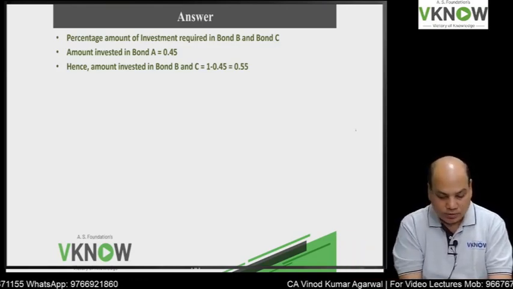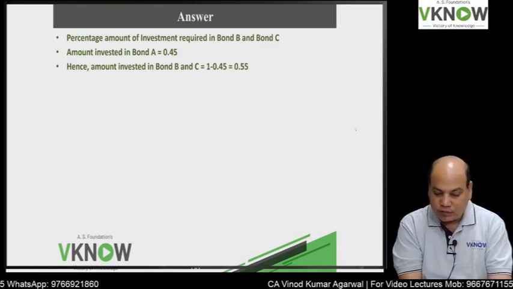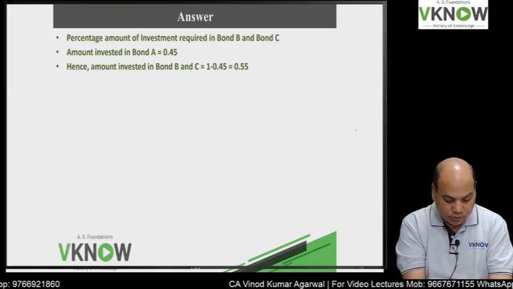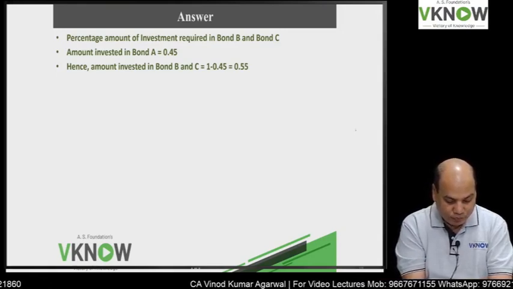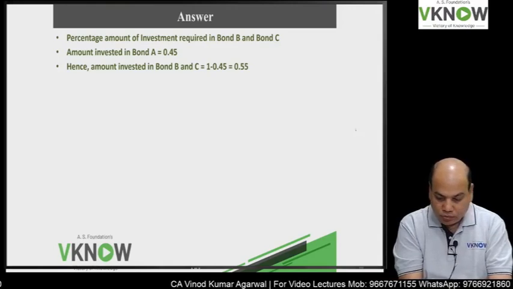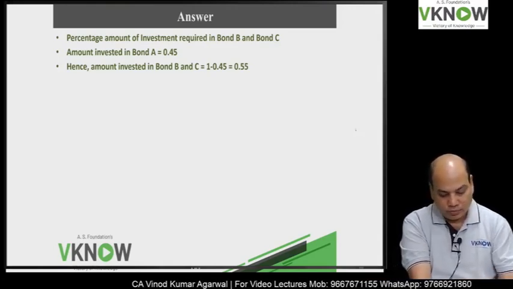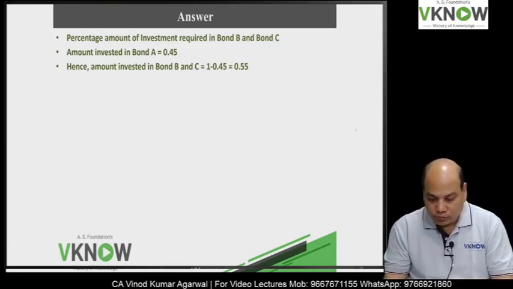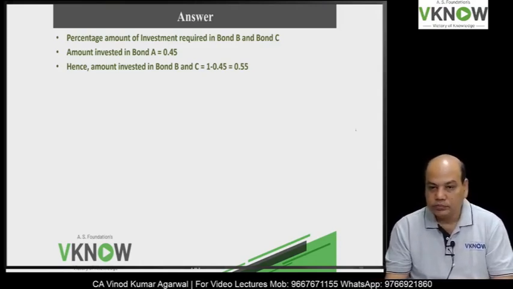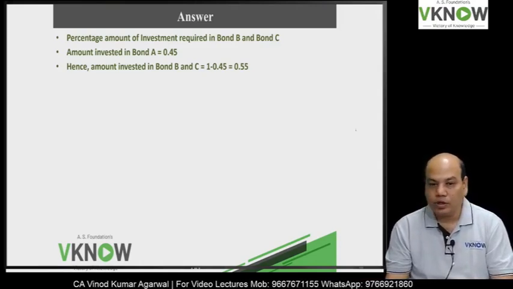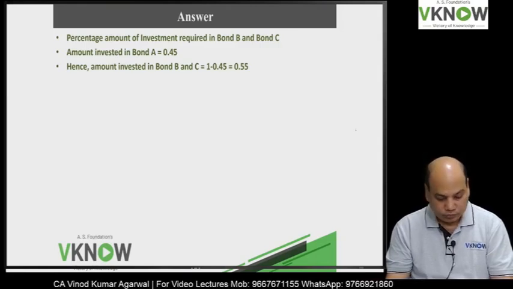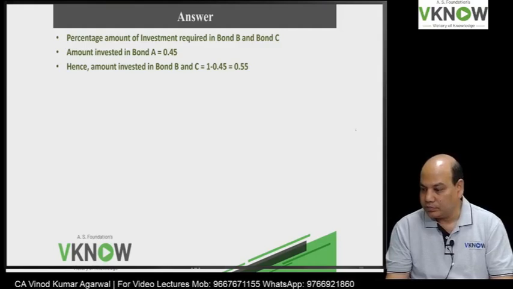Next line, write down, hence amount invested in bond B and C is equal to 1 minus 0.45, which is equal to 0.55.